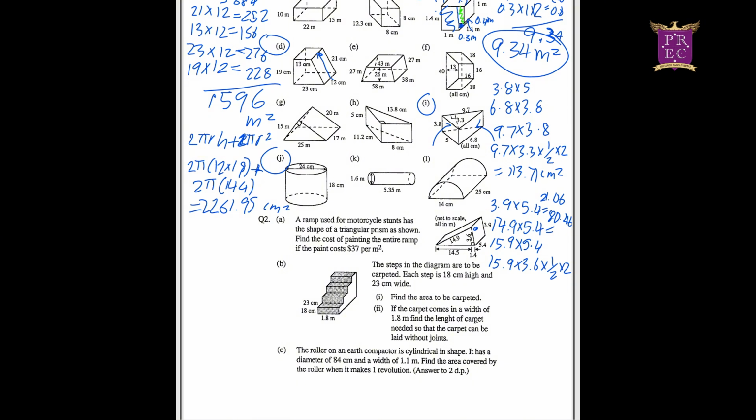And then we've got 15.9 times by 5.4, which gives us 85.86. And then lastly, we've got this triangle over here. So we've got 15.9 times by 3.6, and then half times 2 cancels out. So it gives us 57.24. Okay?